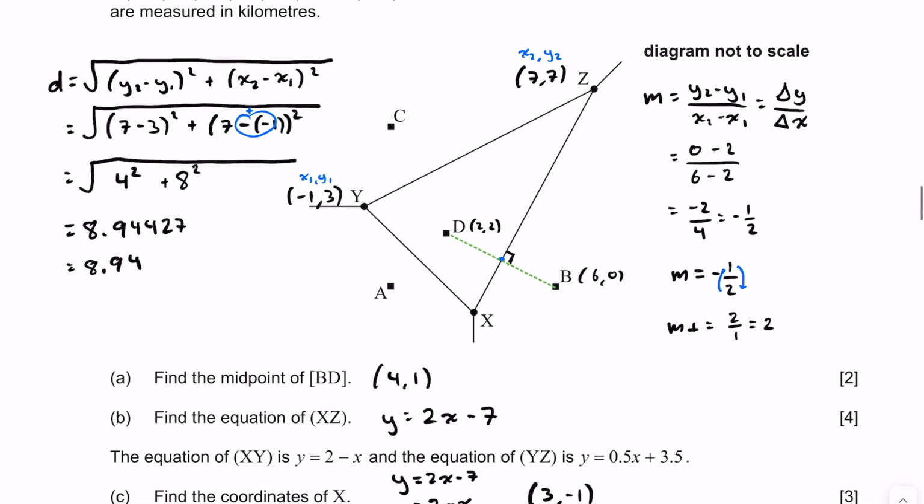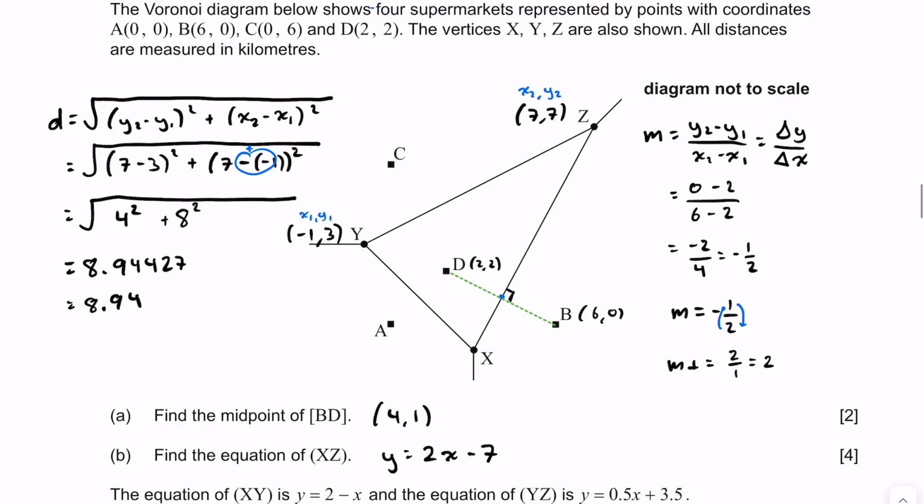So going back to here, we are one step away from writing it out as an exact number. So I'm going to erase this decimal right here. 4 squared is equal to 16, and 8 squared is equal to 64. Therefore, we have square root of 80. Okay, so that would be our exact length.